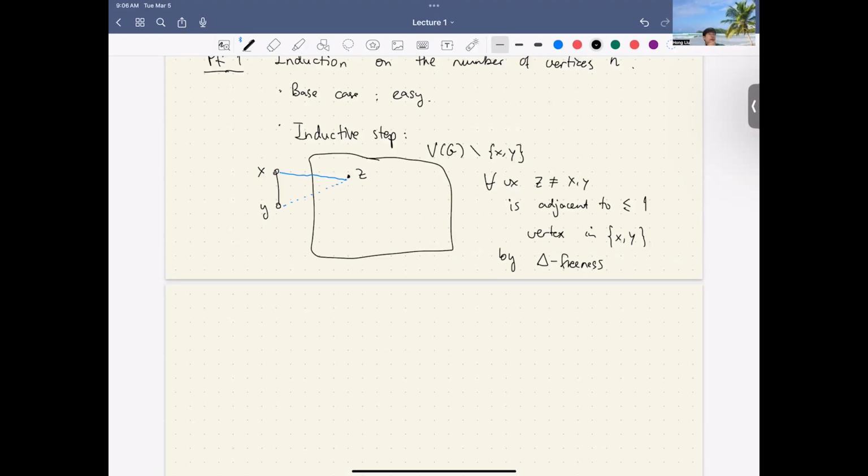And we are done. Why? Let's count the total number of edges. So E of G is at most 1, this is the XY edge, plus we have n minus 2 vertices in the rest, n vertices in total. Each vertex can send at most one edge to XY. So the cross edges number at most n minus 2, these are the edges from V minus XY to XY.